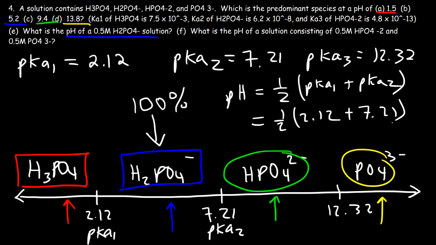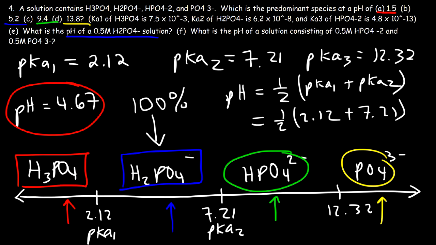That's 9.33, and if you divide that by 2, we get an average pK value of 4.67. So the pH of the solution, if we only have dihydrogen phosphate, is going to be 4.67.